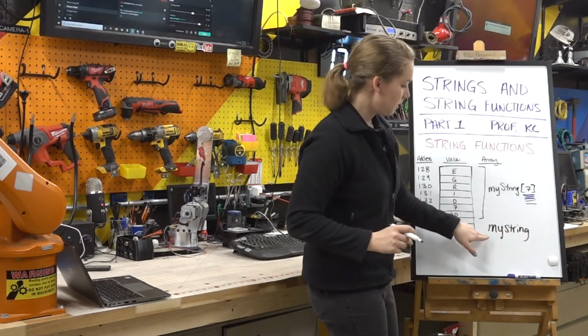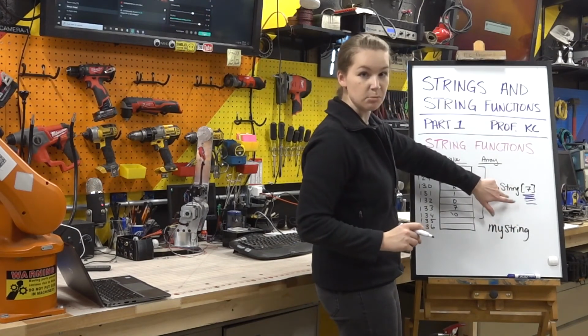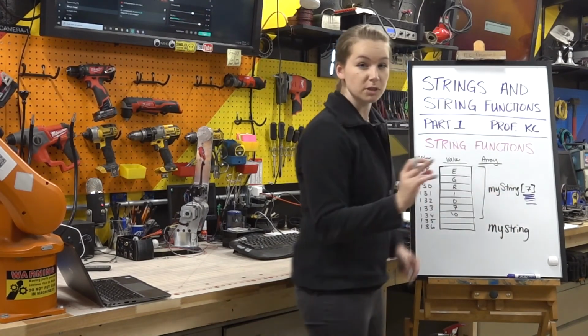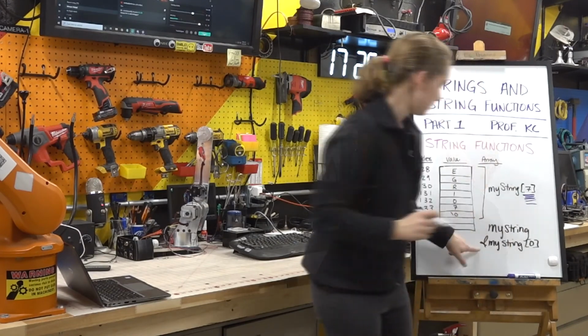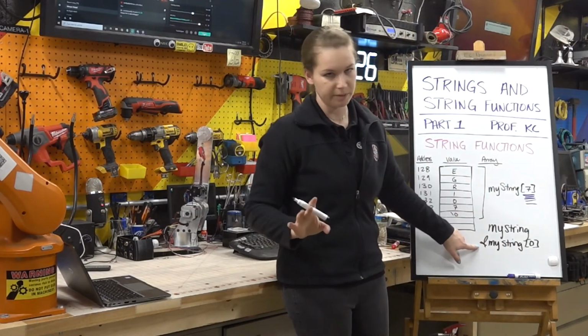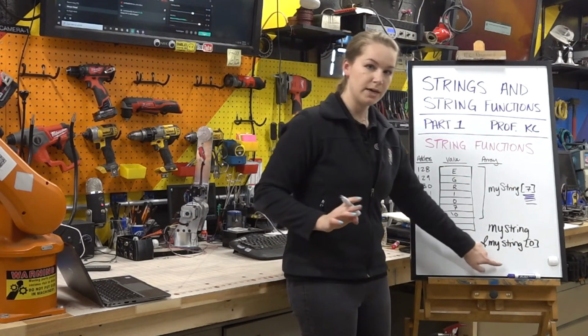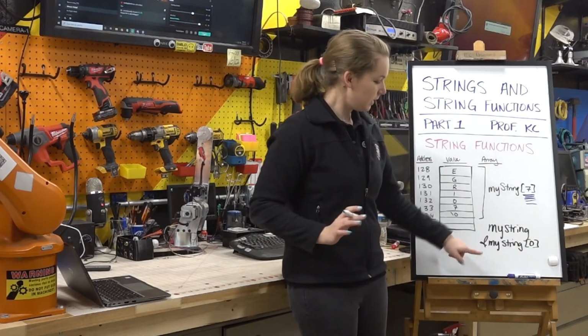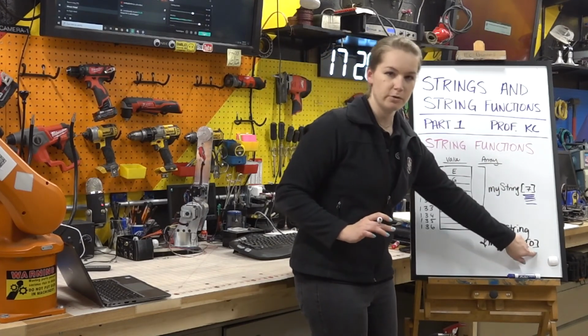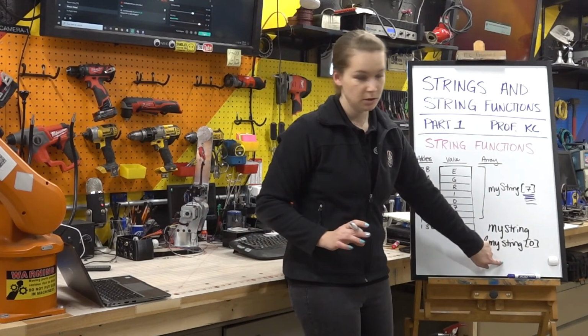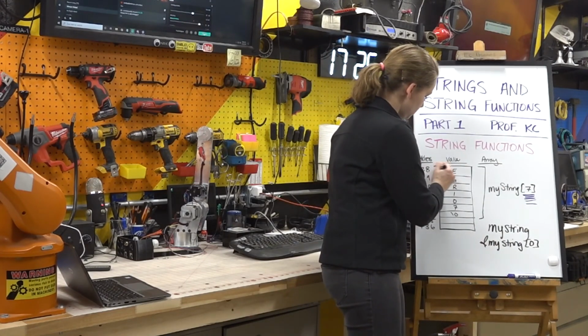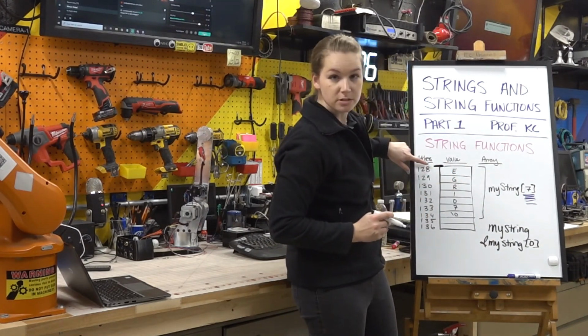So for example, my string, in this case, just the name of my array here, is actually equal to this. That's an ampersand. I have bad ampersands. Ampersand my string 0, or the address of the 0th element of the array, which means this address, 128.